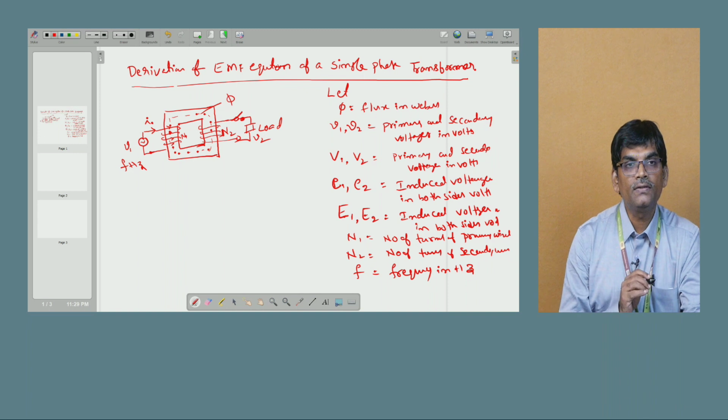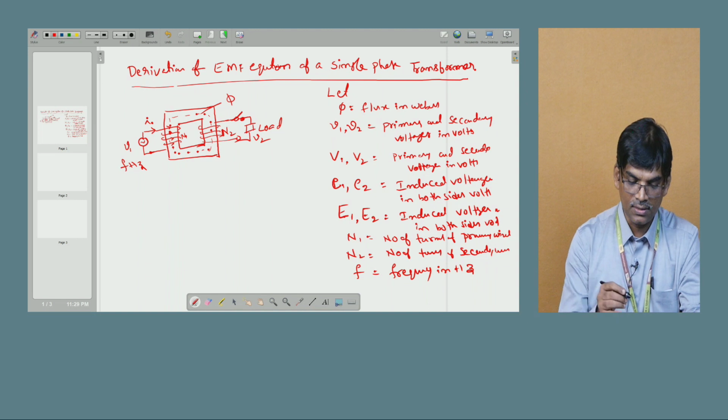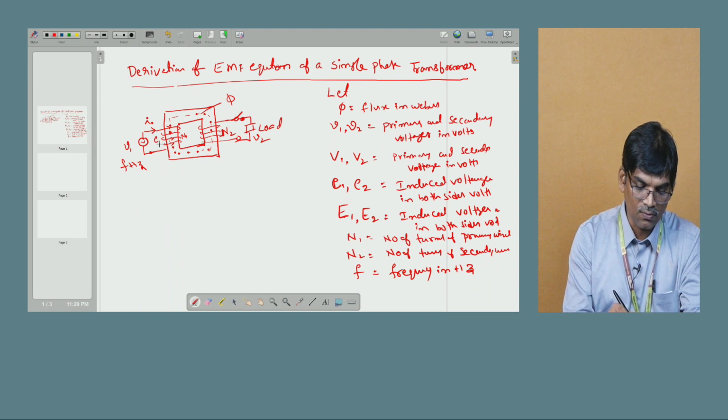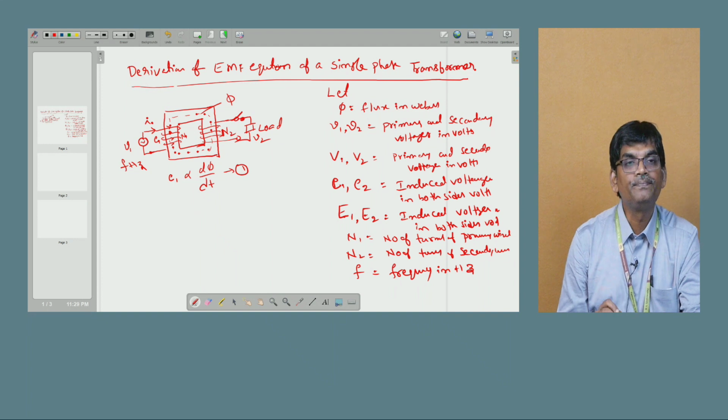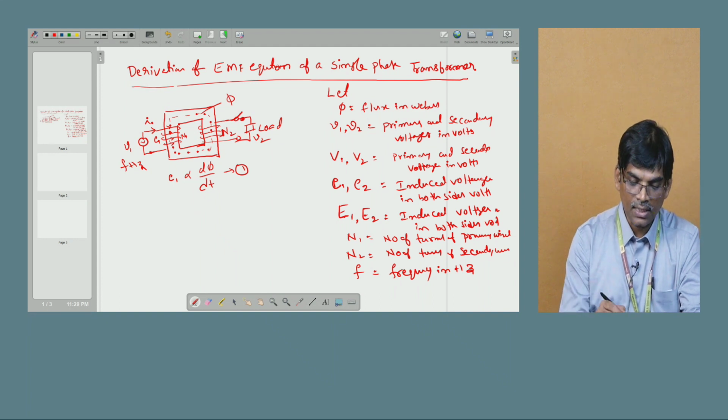Now according to Faraday's law, whenever a conductor links with a rate of change of flux, it develops some voltage called E1. E1 is proportional to d phi by dt. This is equation 1. Similarly, the second coil also develops some voltage proportional to the same flux, that is, the rate of change of flux.